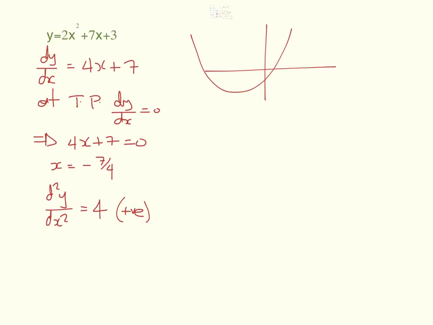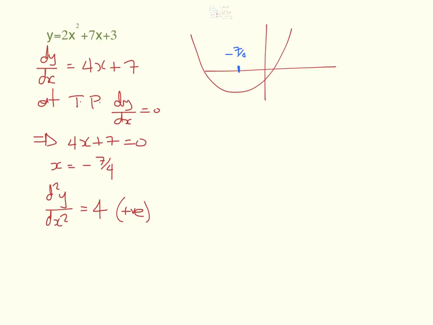It means therefore, wherever that minimum value is, minus 7 over 4, that's the x value for it. What I need to go and do is find a y value for that. That's a very easy job. Just substitute this into my original equation and happy days.